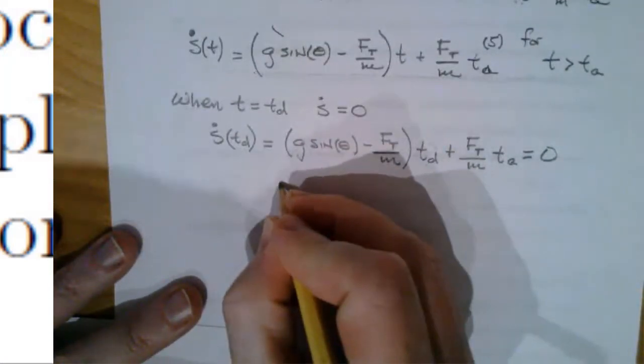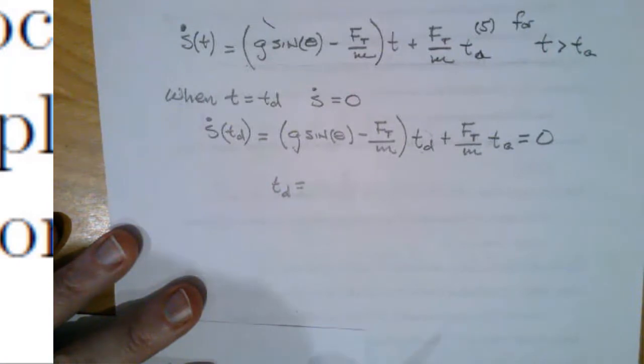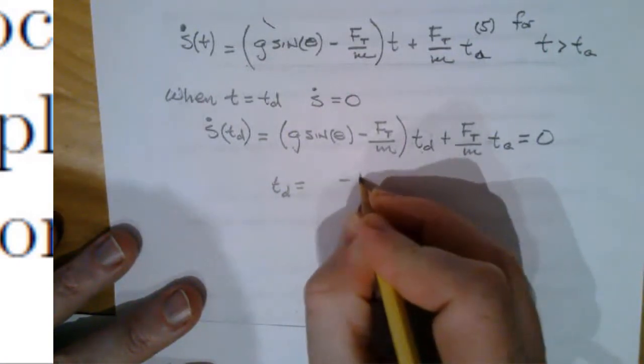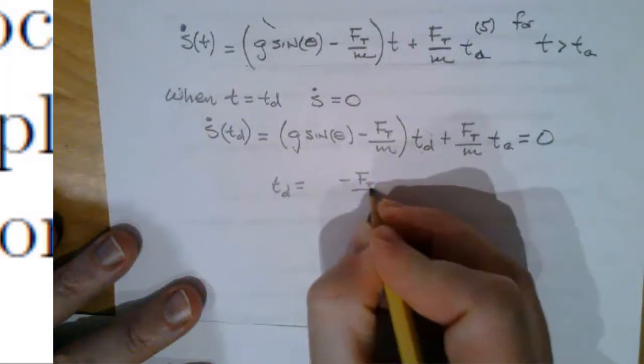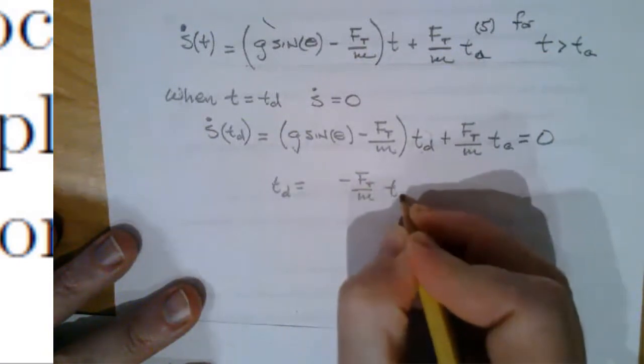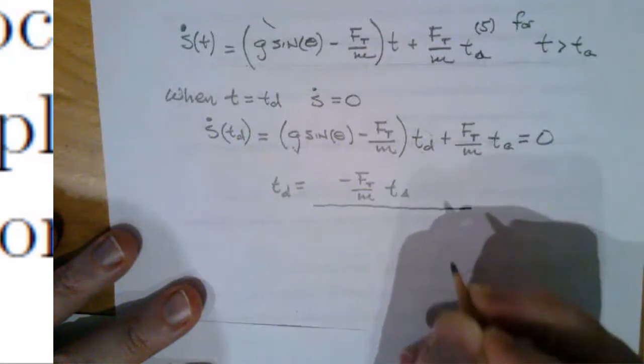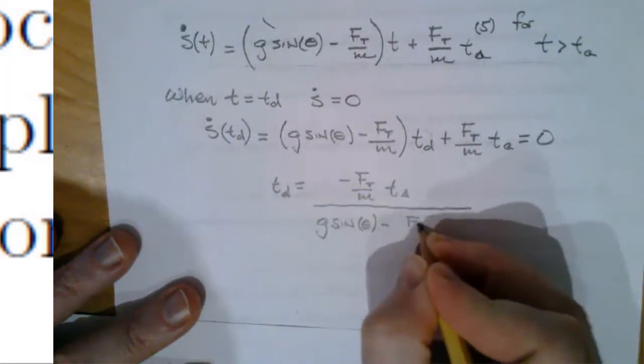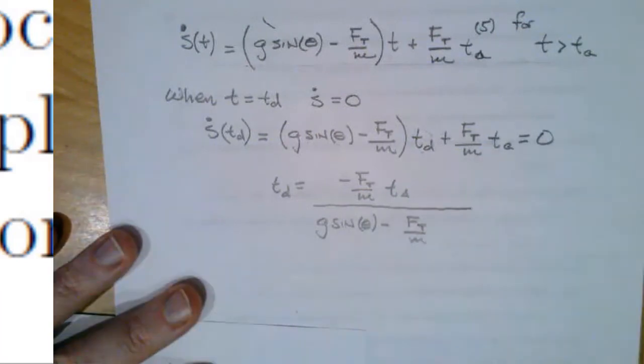Wow! Now I can solve for TD. So TD is going to be equal to, look at this, I put this on the other side, so I've got minus Ft over M Ta, all divided by G sine theta minus Ft over M, like so.